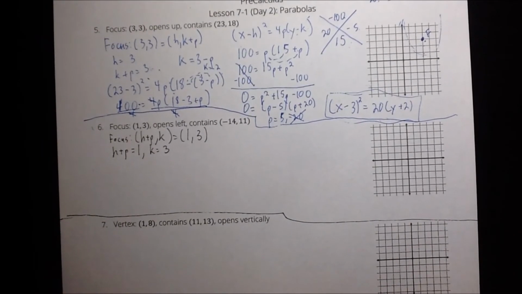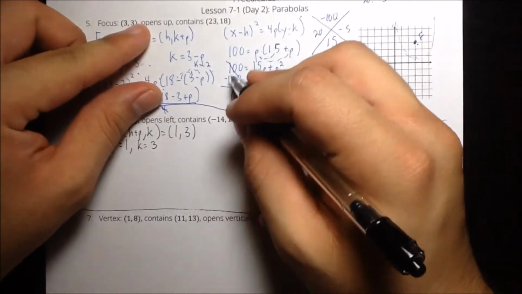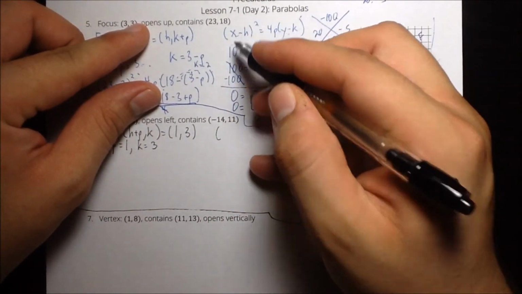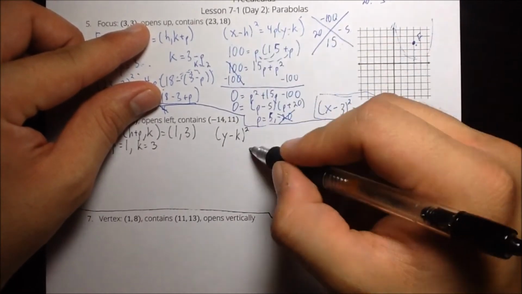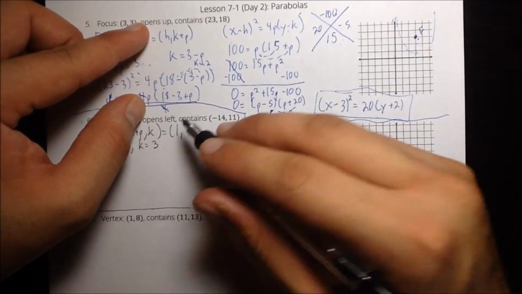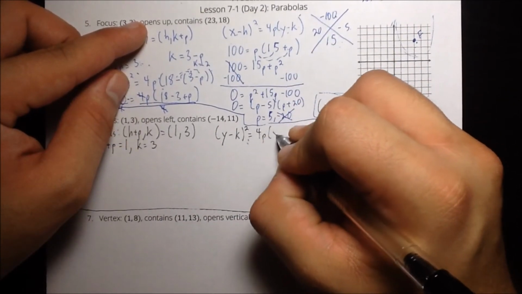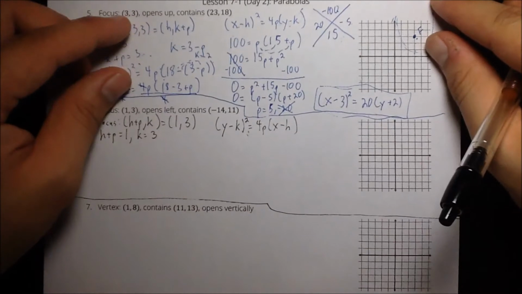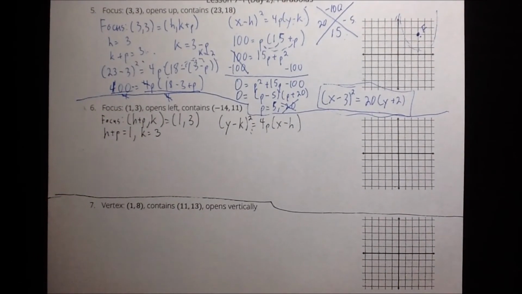And again, because it opens left, let's go ahead and say that we have the equation. Again, rather than the x, we're going to say y minus k squared. So that goes on the left because it is a horizontal parabola. Equals 4p times x minus h. So there's our formula, or that's the equation that we're going to be filling in.